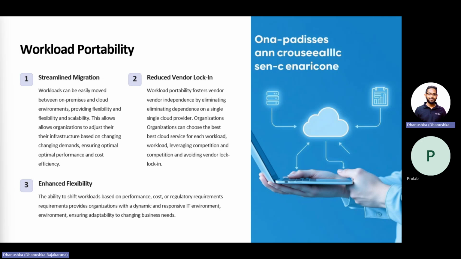Define orchestration and management. Leverage orchestration platforms like Kubernetes or HashiCorp Nomad to manage workloads across clouds. Then security and compliance: ensure data and applications meet regulatory requirements regardless of the environment.